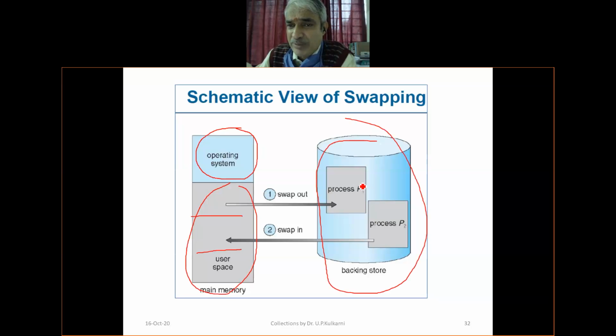Process P1, a dot out, or another executable program, is taken inside and this one is taken out. We call it swap in and swap out. Is that clear, the terms swap in and swap out? That's good.